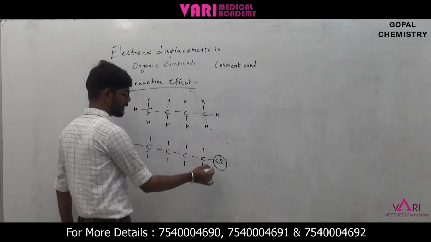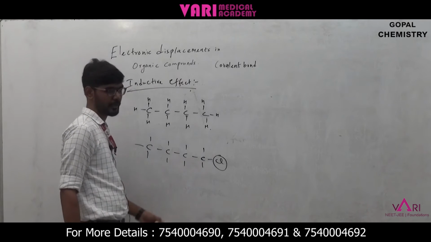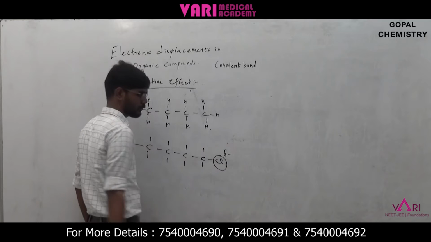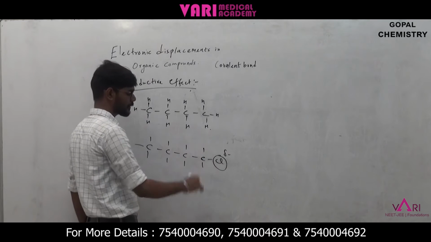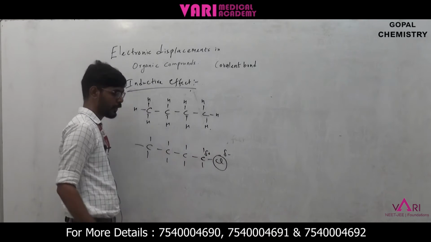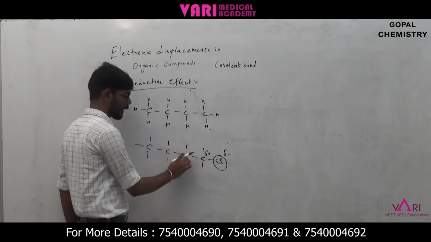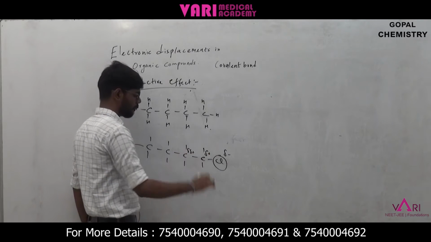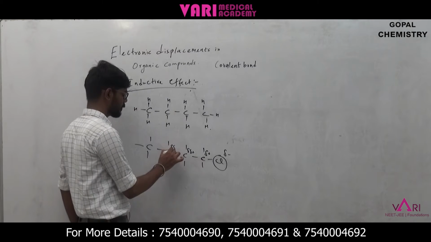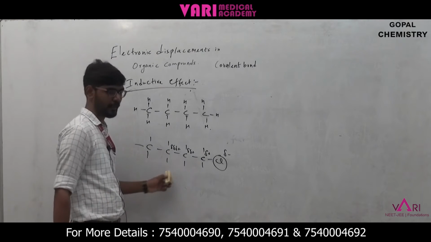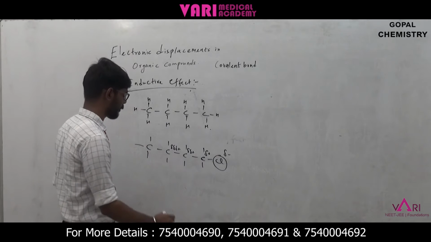Since this chlorine is more electronegative than carbon, it attains a partially negative charge. Which polarizes this first carbon to a partially positive charge. And next, this carbon influences this carbon as doubly polarized, and this one is the triply polarized carbon. Okay, so after 3 carbons, there is no effect.